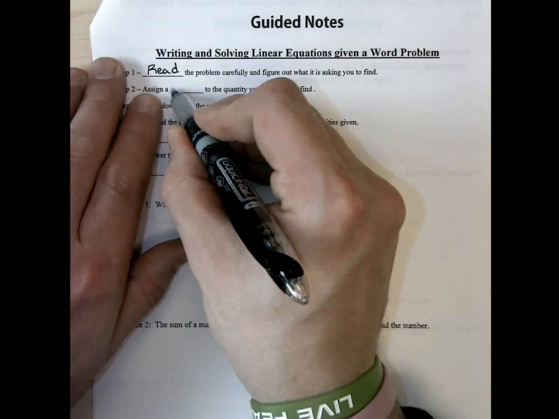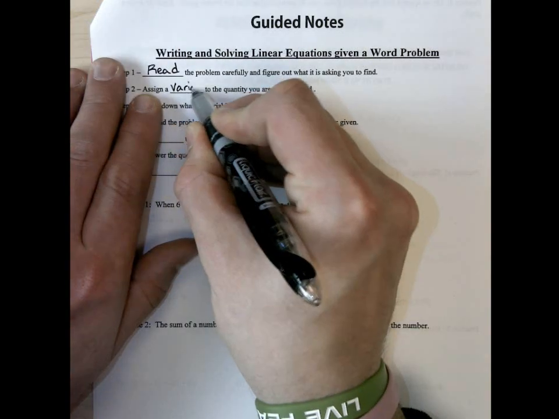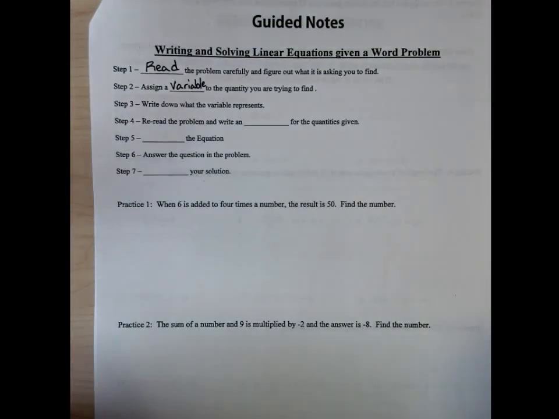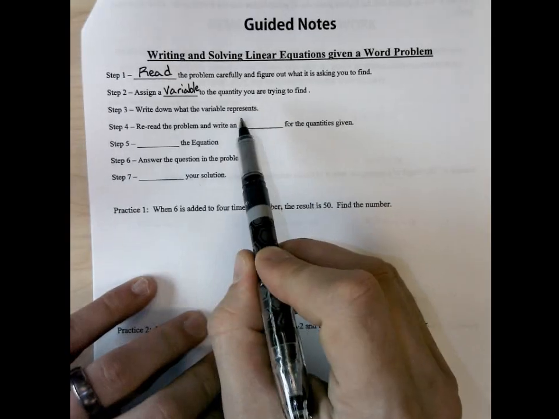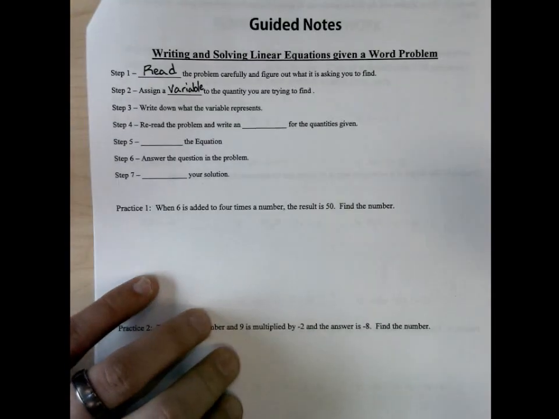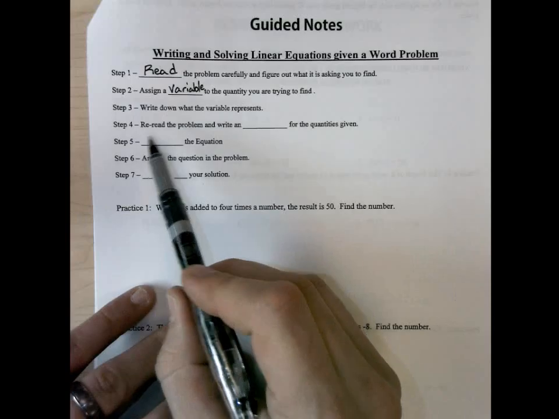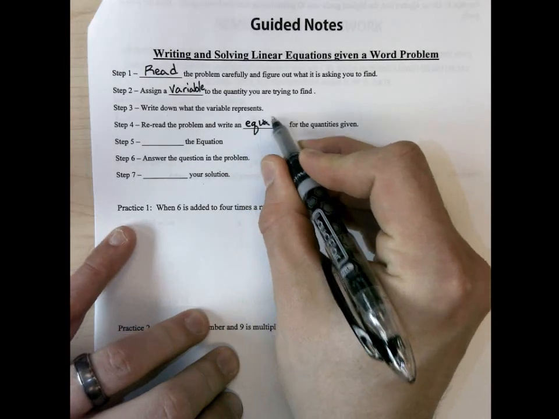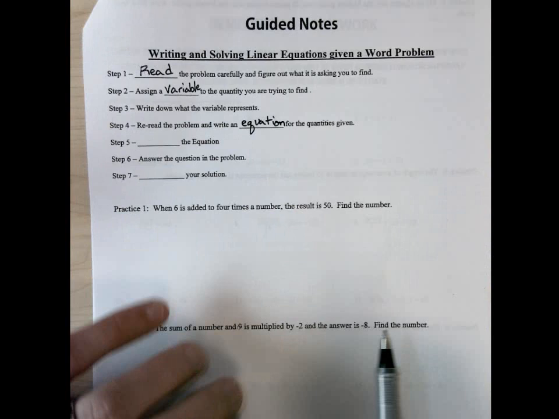We are going to assign a variable to the quantity you are trying to find. We're then going to write down what the variable represents, identifying the variable and signifying what it is so we can keep track of what's going on. We're going to reread the problem and write an equation for the quantities given.